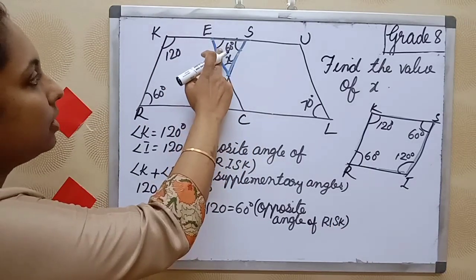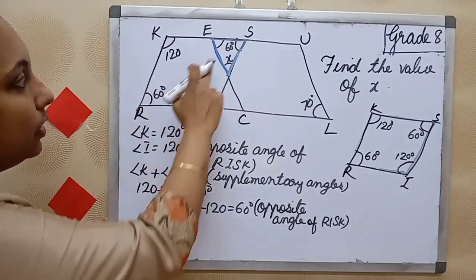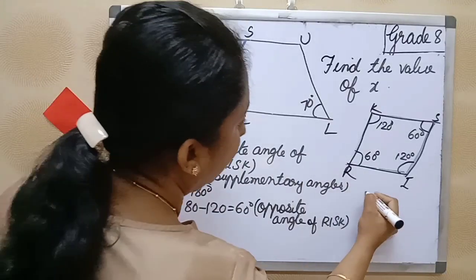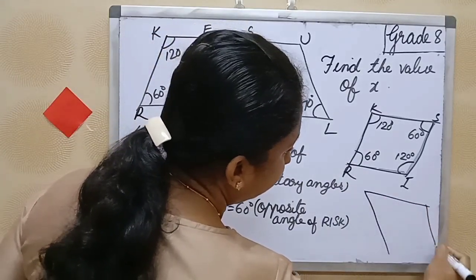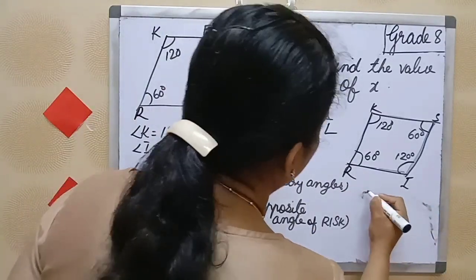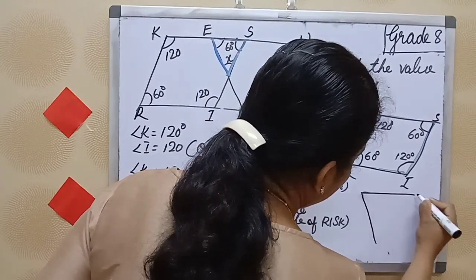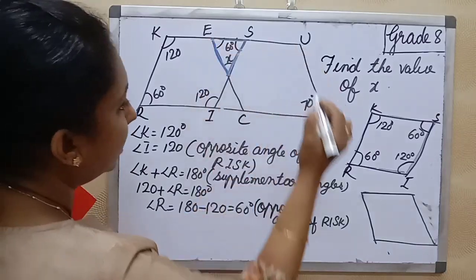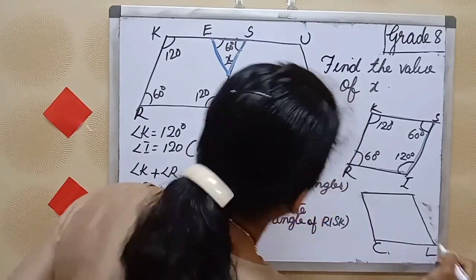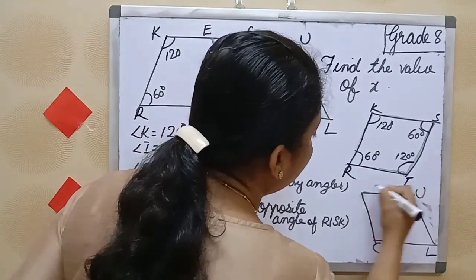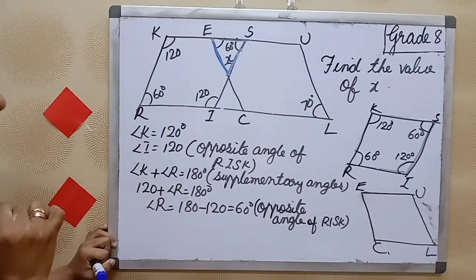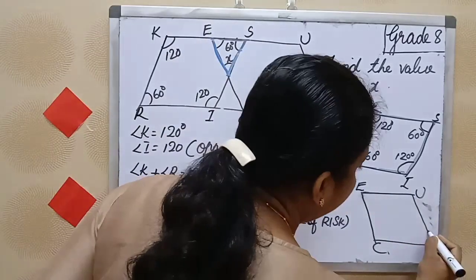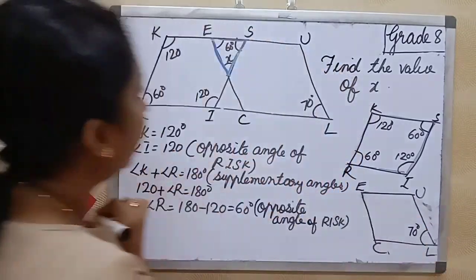Now we want E. For that you have to consider the second parallelogram, this one, CLUE. Angle L is already given as 70 degrees.